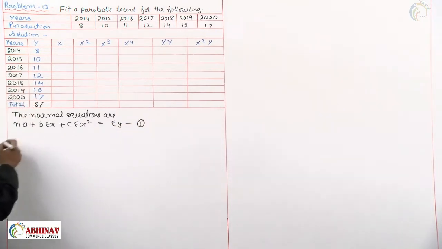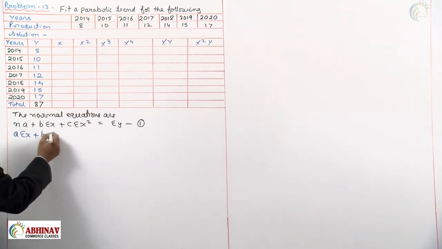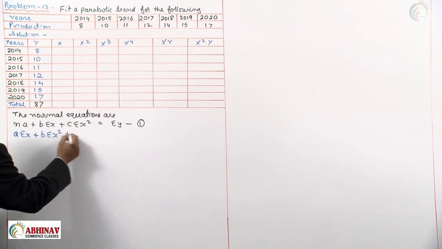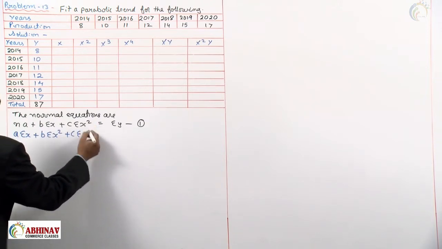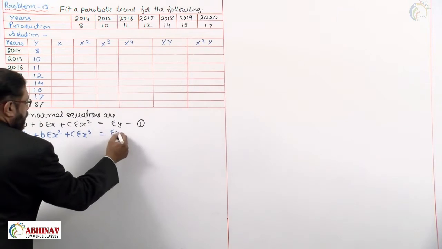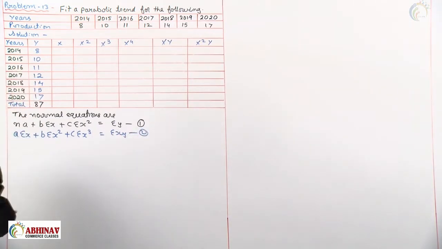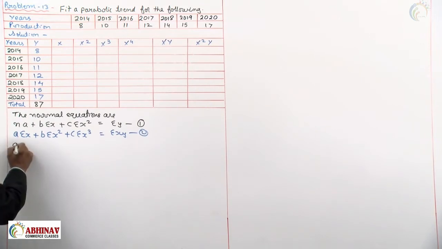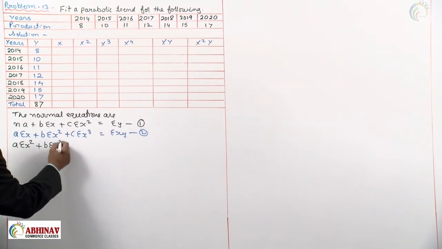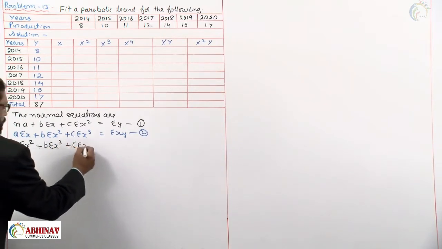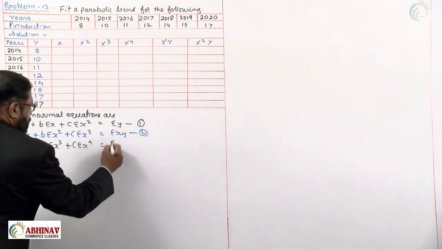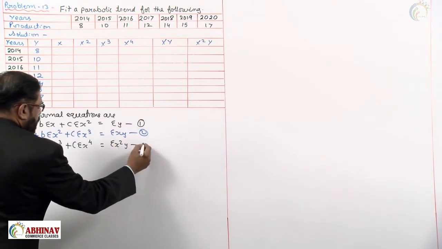Then the second normal equation: a into summation x plus b into summation x square plus c into summation x cube is equal to summation xy. The last one: a into summation x square plus b into summation x cube plus c into summation x raised to 4 is equal to summation x square y.